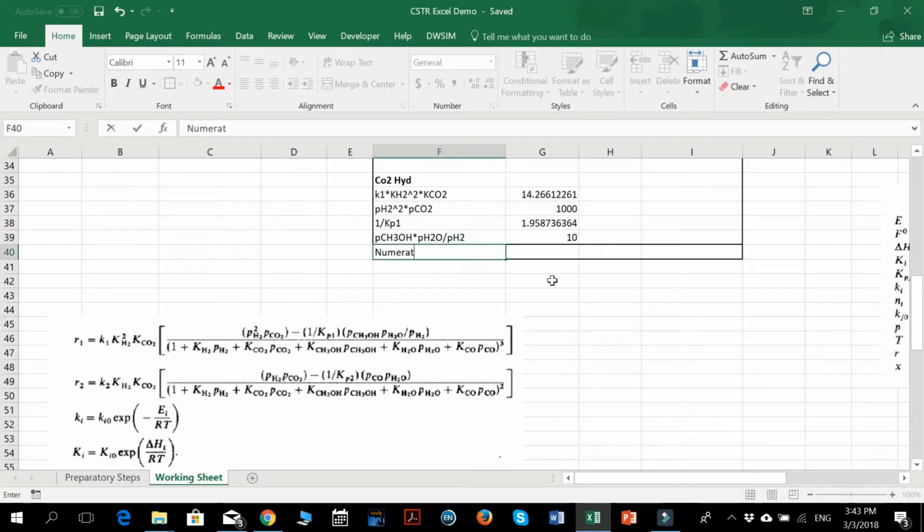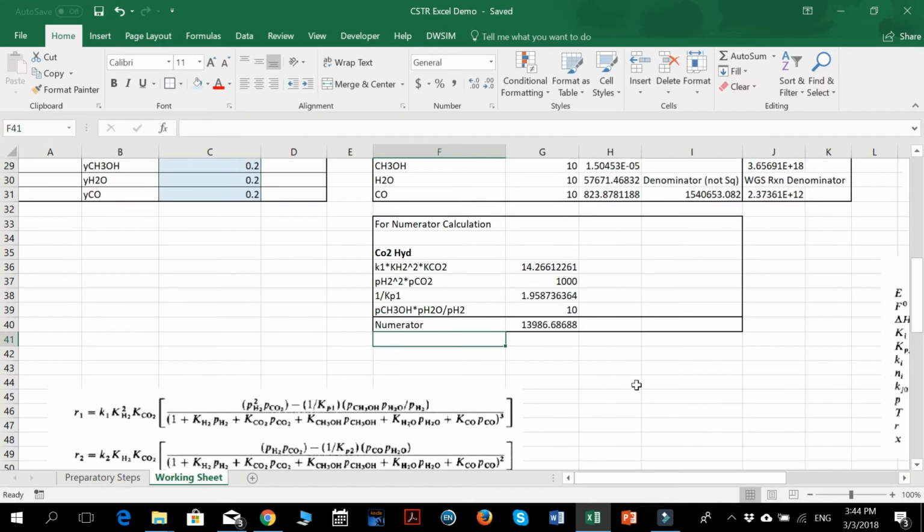I have a numerator. So let's copy exactly what we have here. So I have the KH1 and whatnot, then you have the bracket, then you have the pH2 term here, and you have to do minus this times this. So it's the 1 over Kp1 times the P CH3OH, and the pH2O. All that together will give you the numerator.